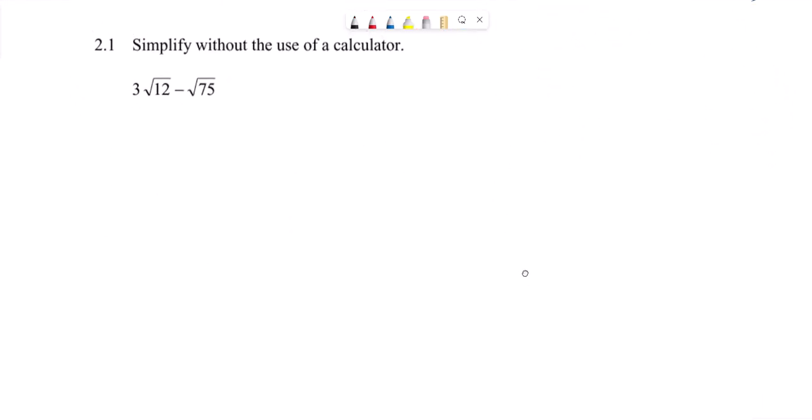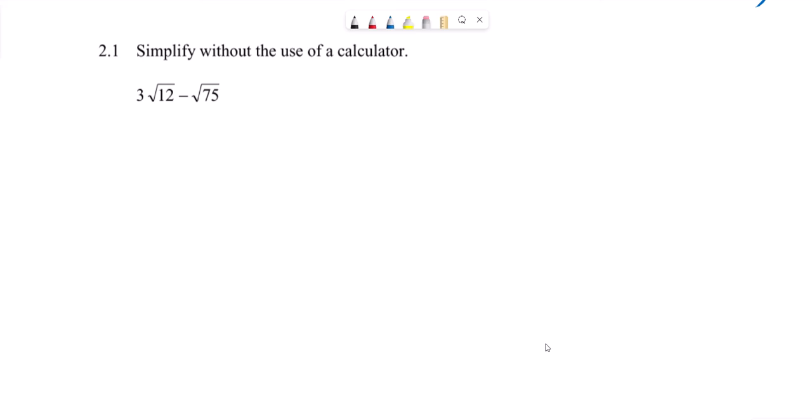So 2.1. Simplify without the use of a calculator. So one can normally punch in the calculator and then get the answer, but they said without the use of a calculator. Okay, so let's do that.